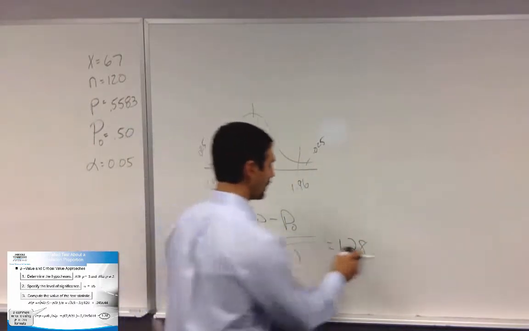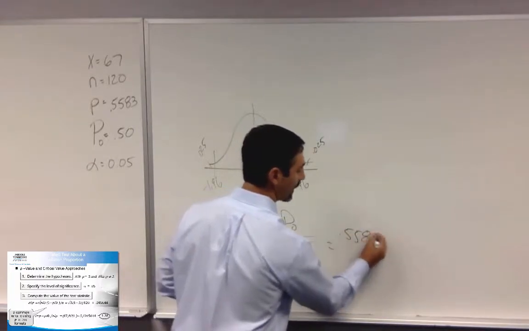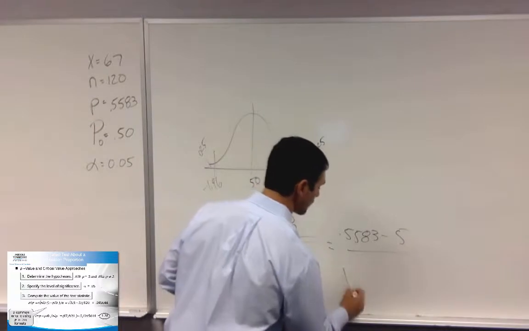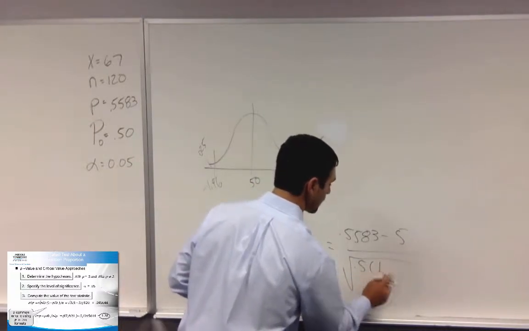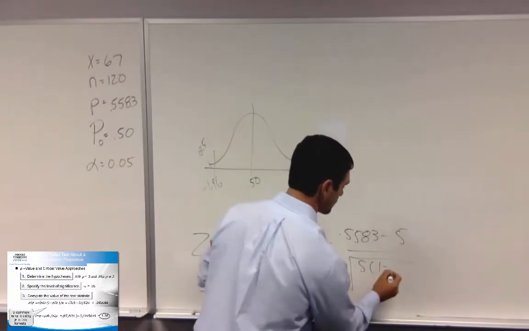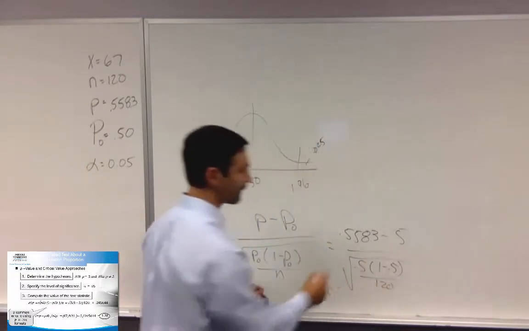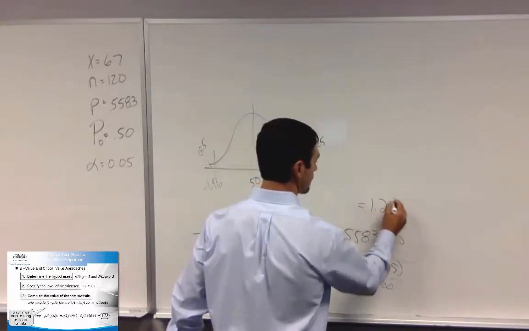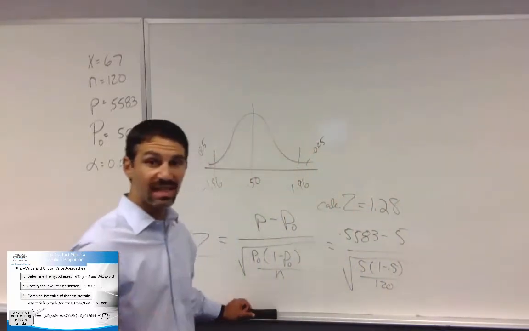Now let me show you where those values come from. 0.5583 minus 0.5 over the square root of 0.5 times 1 minus 0.5 over 120, and again, that gets you 1.28. So that's the calculated value of z.